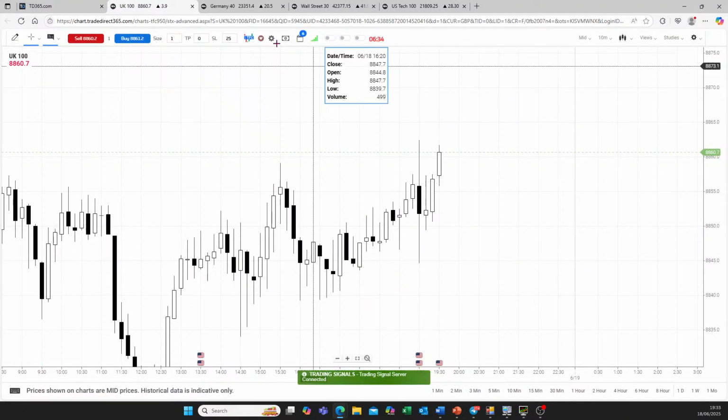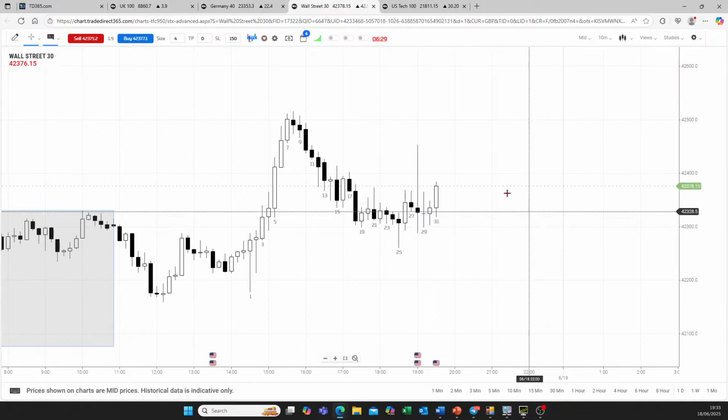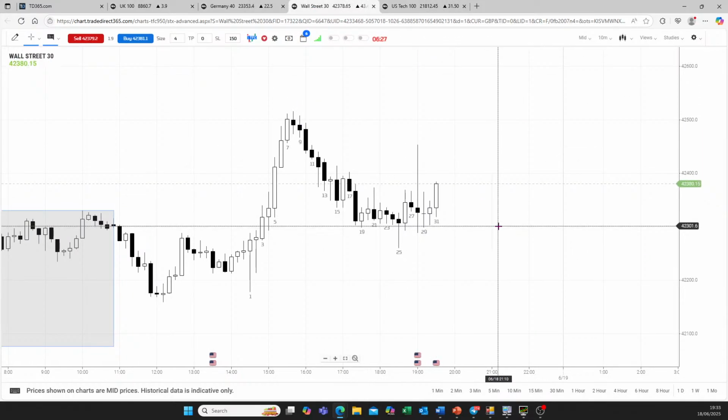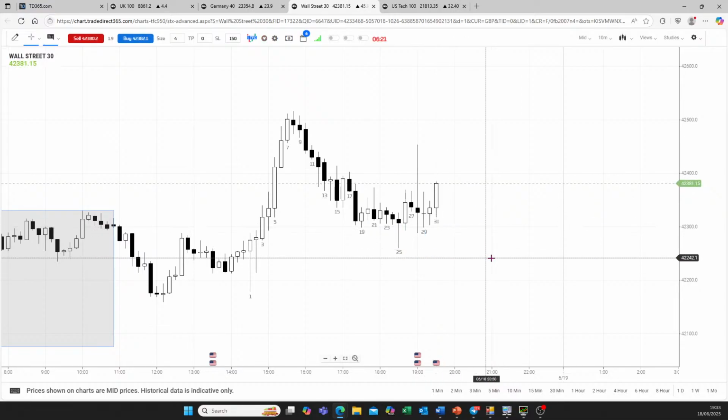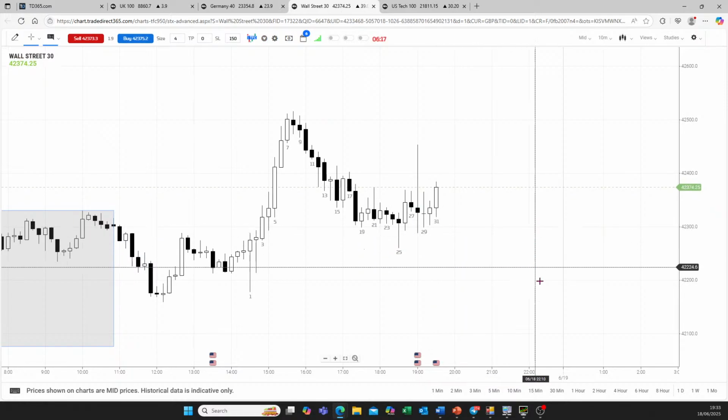So there you go. So what's going to happen now is that in 6 minutes time, this will trigger to the short side or the long side, depending on which way it breaks, what's called bar number 31, which is what you're seeing here.